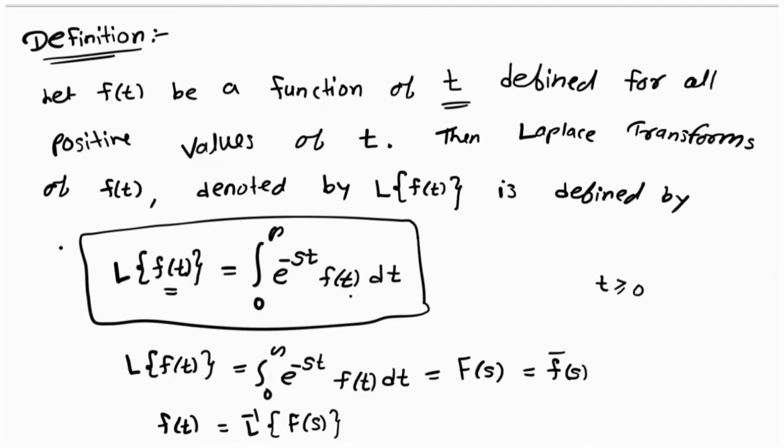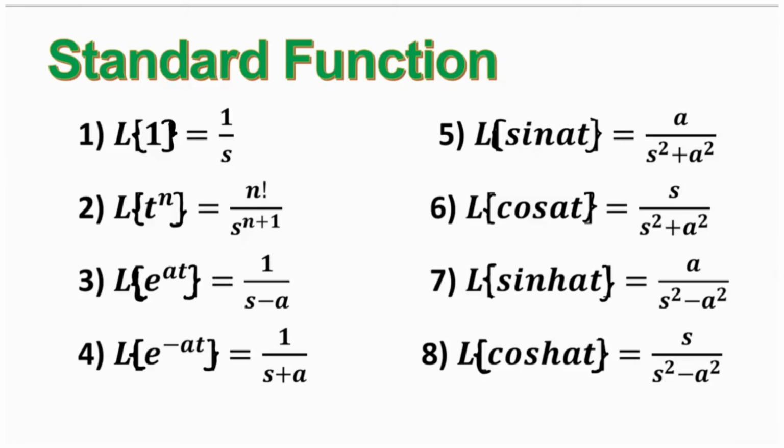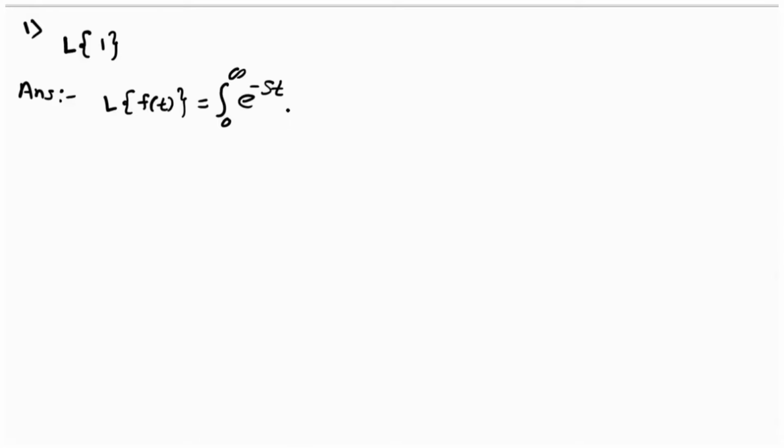So using this definition, you have to derive the standard formulas. So let's see. The first one is Laplace transform of 1. All formulae we derive with the help of the simple definition of Laplace transform. So by definition, Laplace transform of f of t is integral 0 to infinity e raised to the power minus st into function f of t dt.